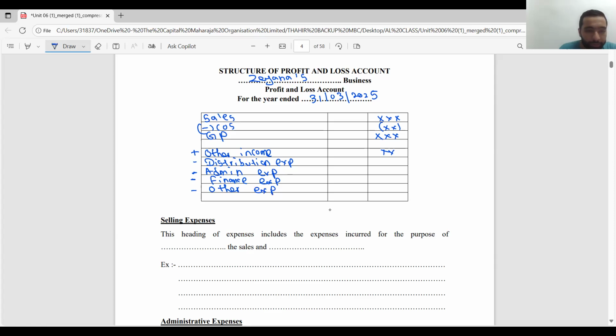Finally, what will you get? Either you will get a net profit or a net loss. Let's put these within brackets. And then we arrive at net profit or loss. So this is the format of the P&L, profit and loss.